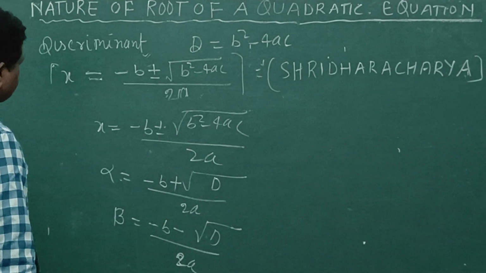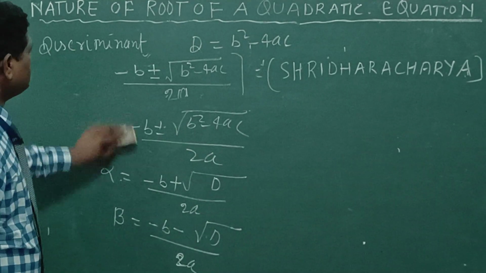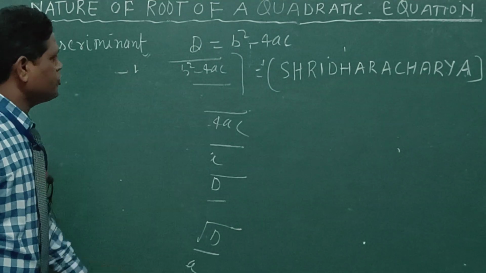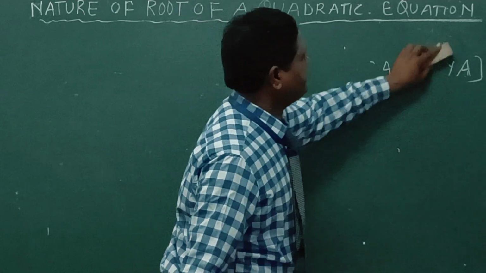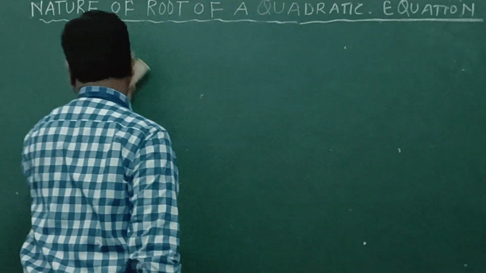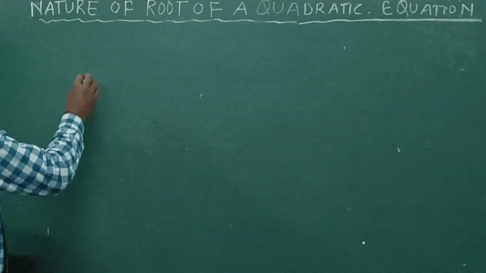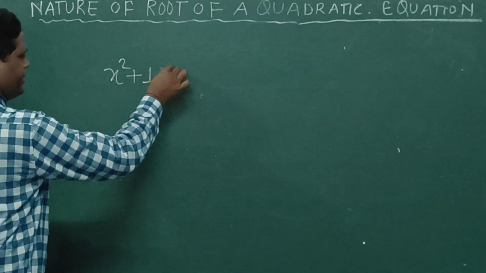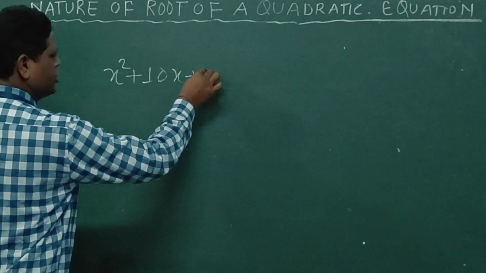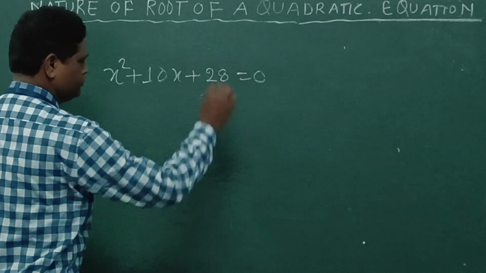Suppose I am giving you some questions. Suppose the given equation is x square plus 10x plus 28 equal 0.